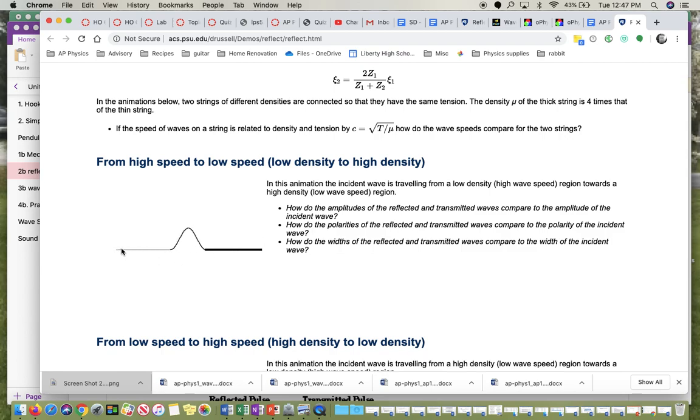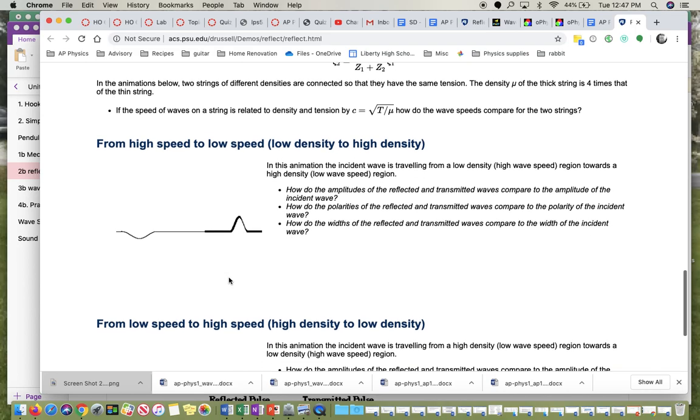As the incident wave comes in, this is very similar to a fixed end reflection, but since this is just another rope here, we also have partial transmittance of the actual wave. Some of the wave continues to propagate through the second rope, but we have a reflection that occurs at this boundary to where the reflected wave is once again 180 degrees out of phase with the incident wave.